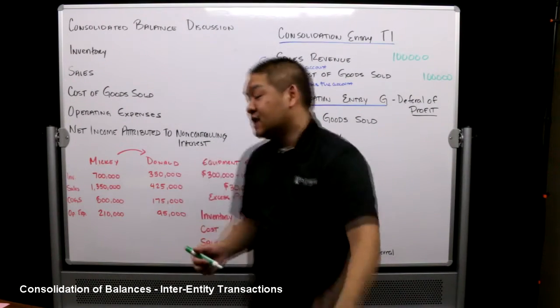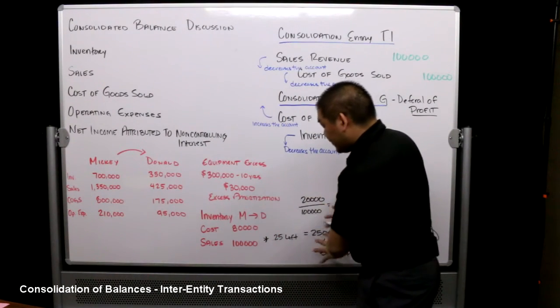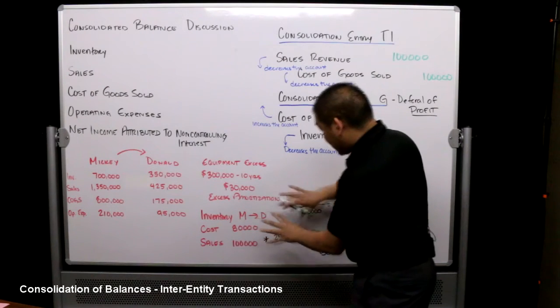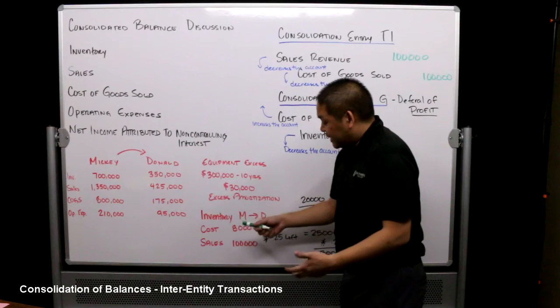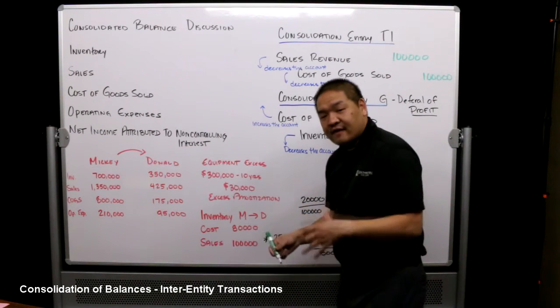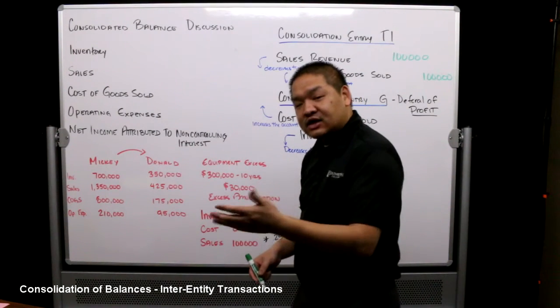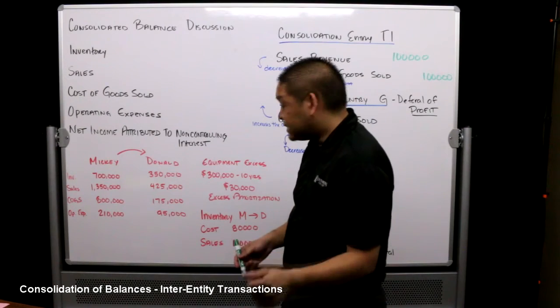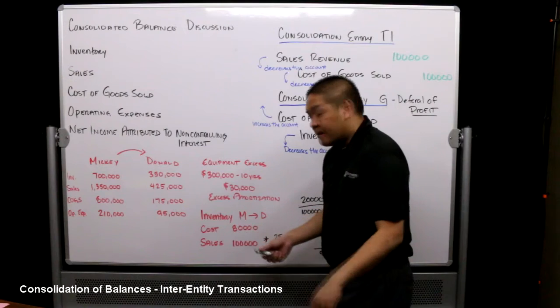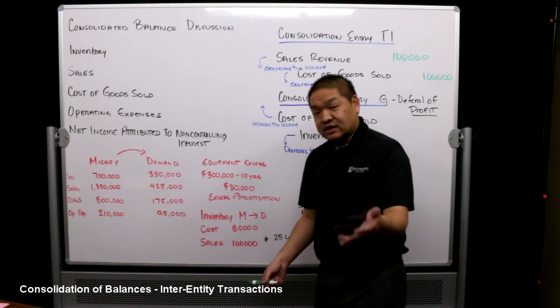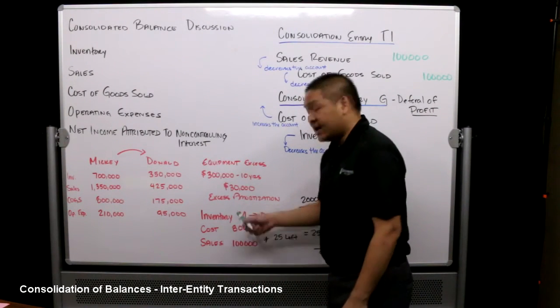So for instance, and we're not going to go through this problem right here yet, let's say that at the end of the year, Donald has sold half of the goods that Mickey sold to Donald. So in essence, Donald has sold $40,000 cost basis or $50,000 sales basis of Mickey's goods.